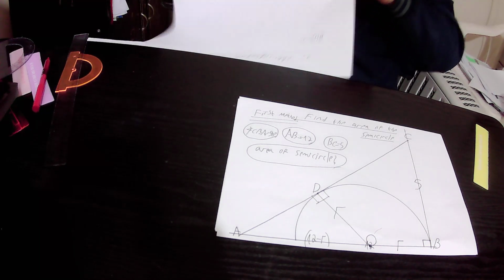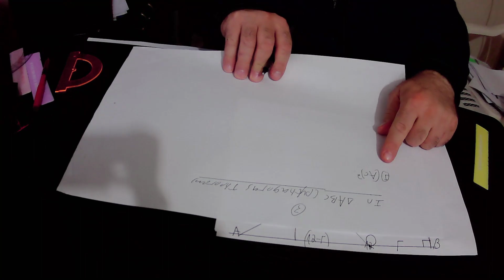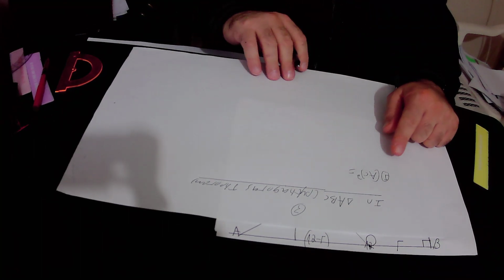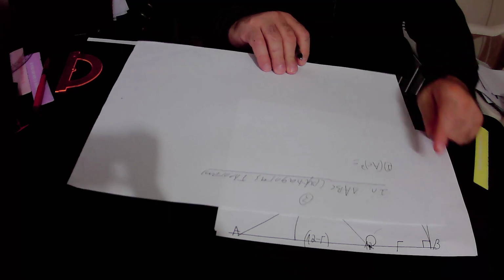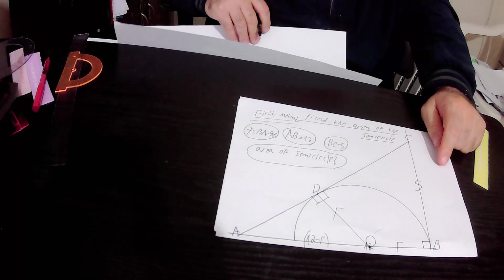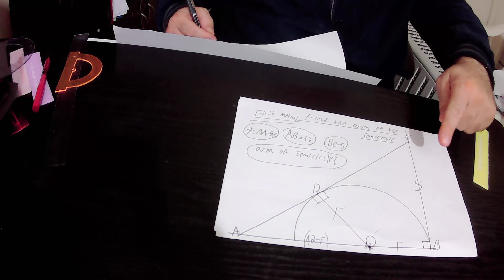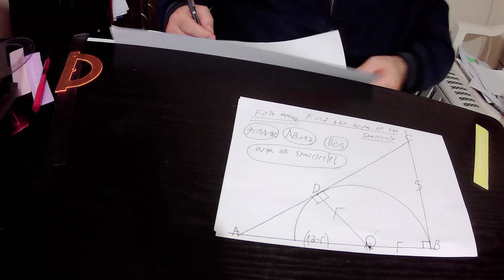Okay, AC square equals the sum of the squares of the perpendiculars in the right triangle ABC. It equals BC square plus AB square.